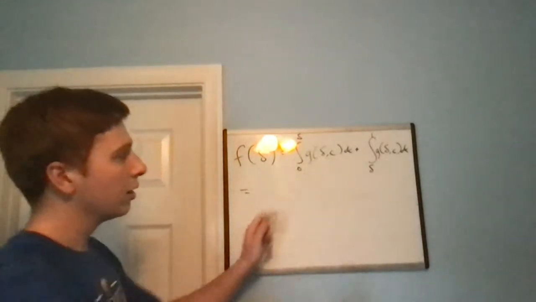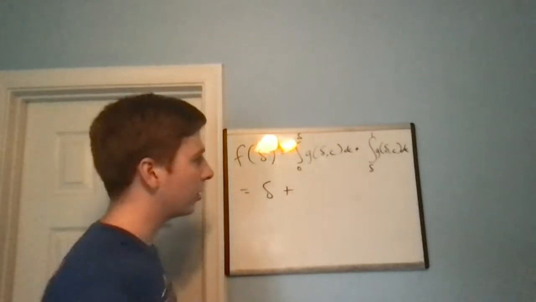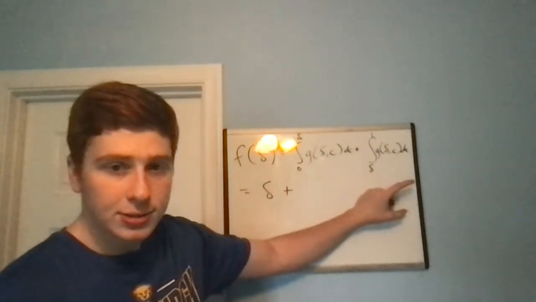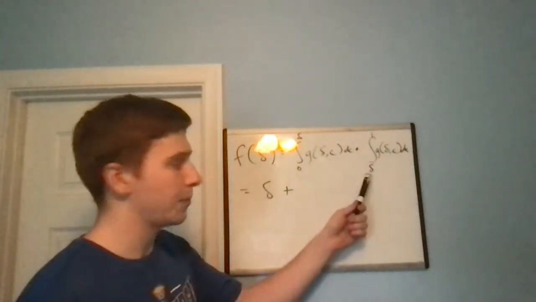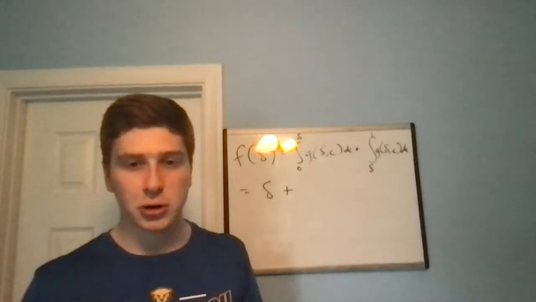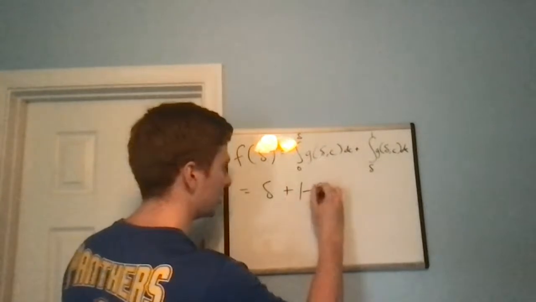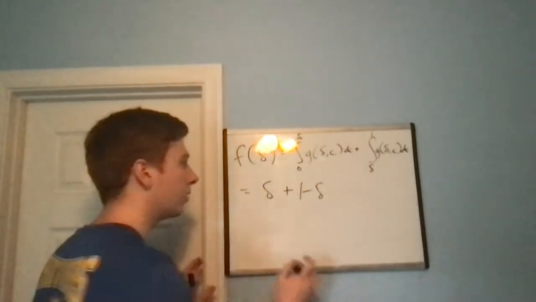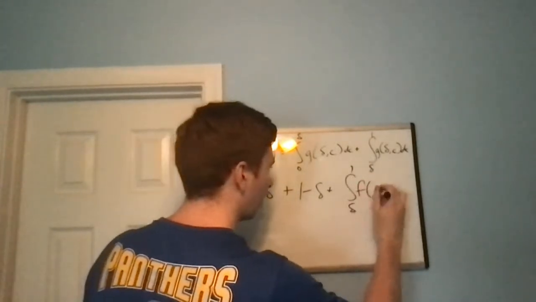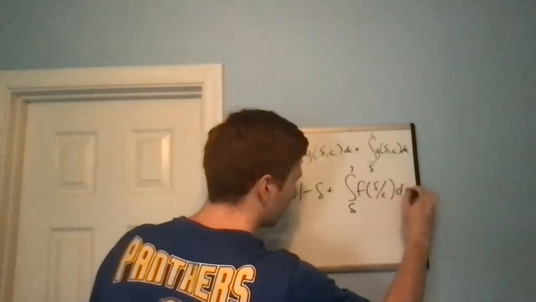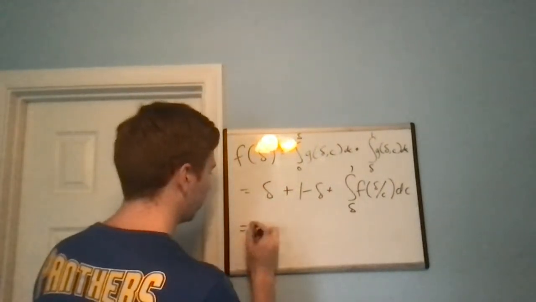So this is just 1, so this integral is just delta. Okay, the second one, there's a 1 plus. The bounds are delta to 1, so that 1 is going to turn into 1 minus delta when we split the integral in half and evaluate it. Okay, and then we get the integral from delta to 1 of f of delta over c dc. And then, of course, this becomes just a 1.